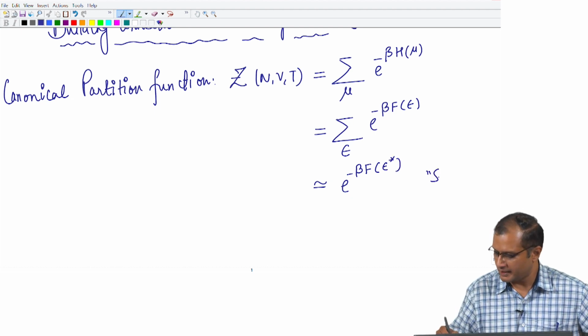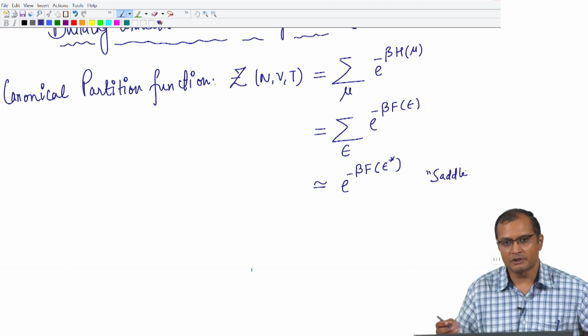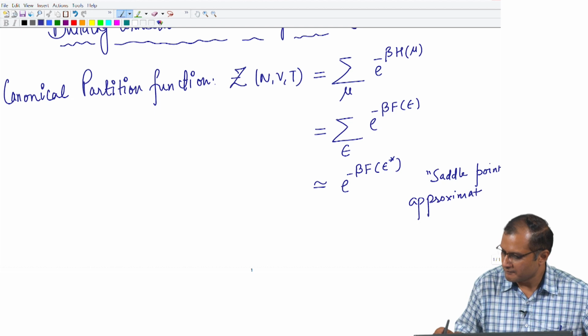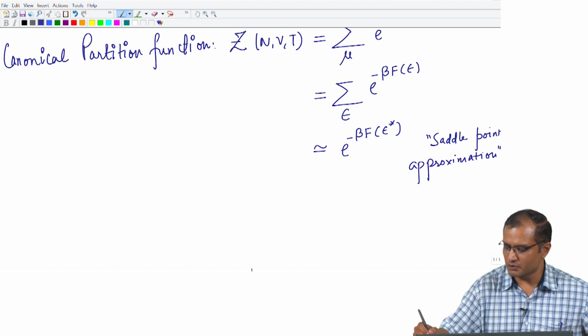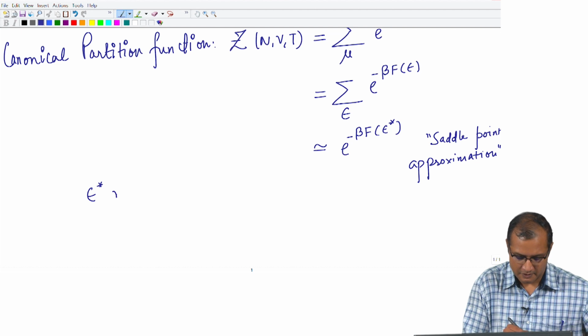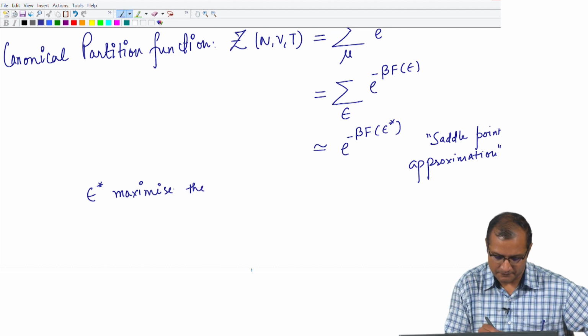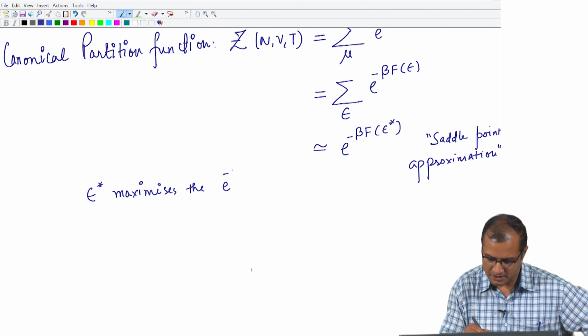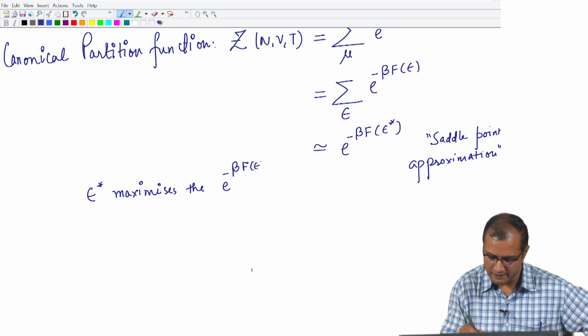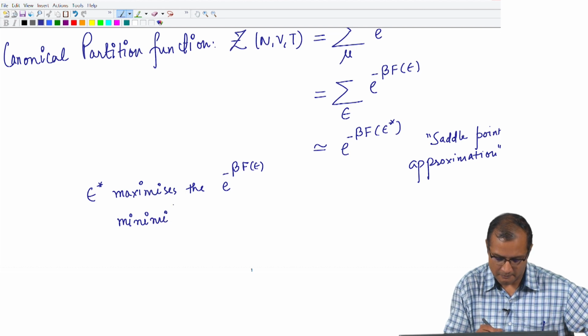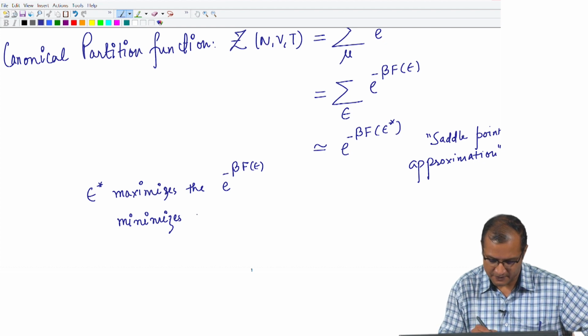So, by saddle point, which was discussed, stated without proof, here I would like to remark that this E star maximizes the summand, which is e to the power minus beta f, and minimizes the free energy.